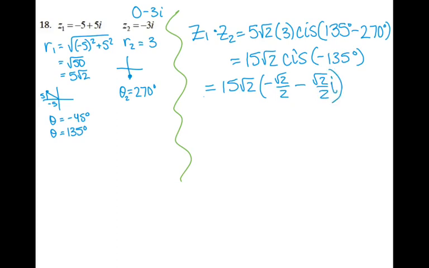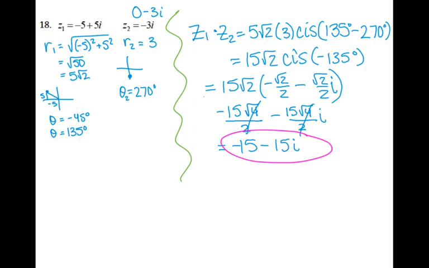And then from here I am going to distribute. So that gives me negative 15 root 4 over 2, minus 15 root 4 over 2 i. And then from here, square root of 4 is just 2, so these are going to cancel and these are going to cancel. So that leaves me with negative 15 minus 15i.